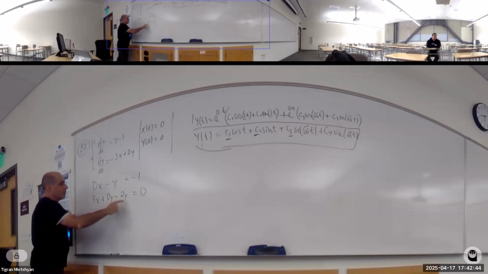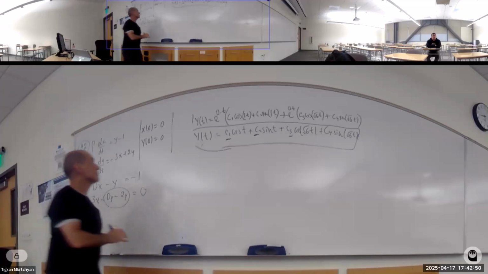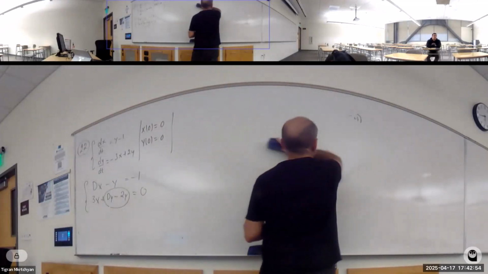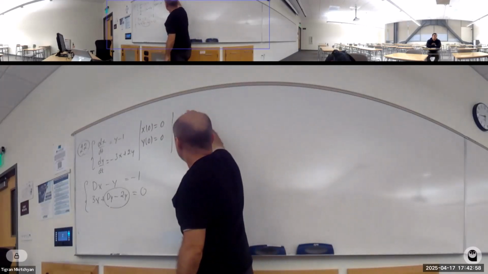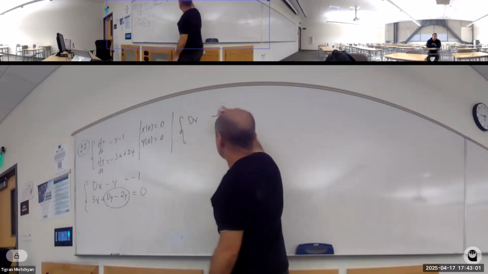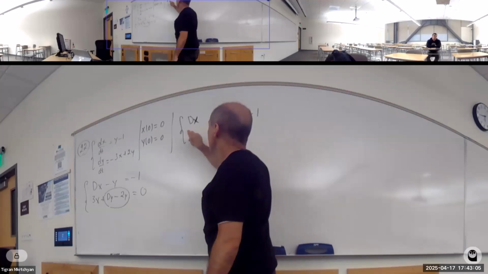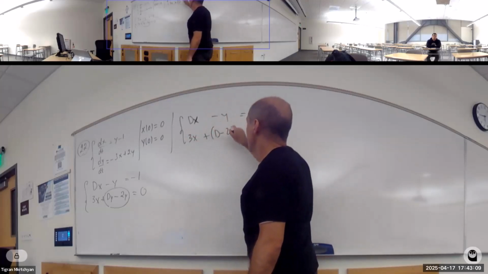But I don't want to have a y and a Dy, I want to combine those: (D minus 2)y. So with that D operator, I can write Dx minus y is minus 1, and -3x plus (D minus 2)y.